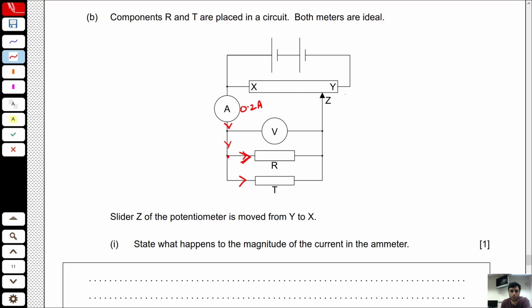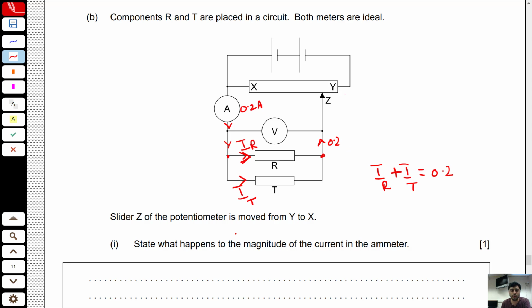So we say there are two currents, I through R and I through T. So we can say IR plus IT. The current in the two branches must add up to 0.2 ampere in order to make sure that charge is conserved. The current divides at the junction and flows through the branches, and then it gets added up again, giving us 0.2 ampere back here.